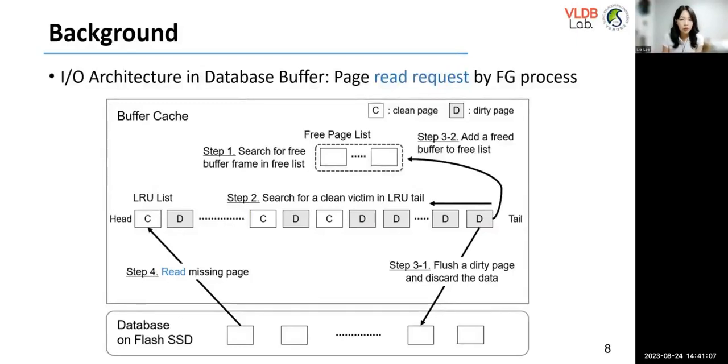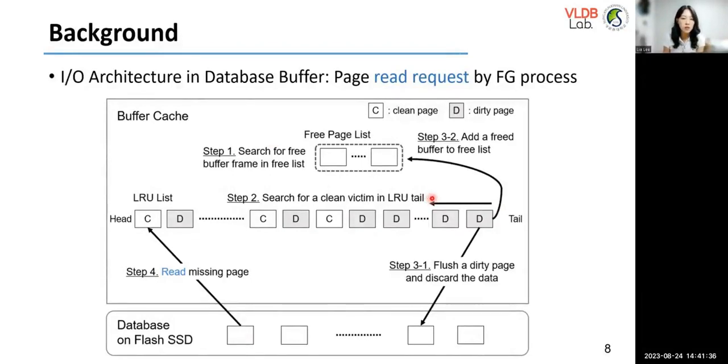Next, I will review the I/O architecture in the database buffer, assuming it uses a LRU-based buffer replacement policy. Generally, the foreground user thread reads a missing page from the disk by going through the following steps. First, it searches for a clean buffer frame in the free list. If there isn't an available free buffer frame, next, it scans from the LRU tail looking for a clean victim.